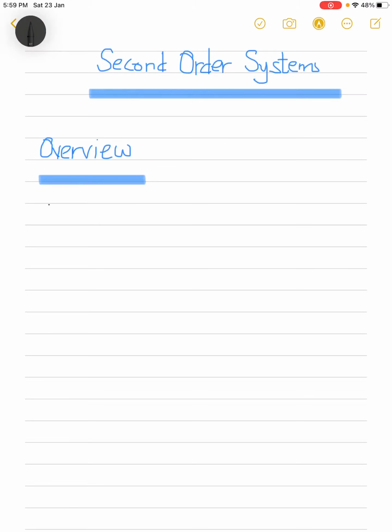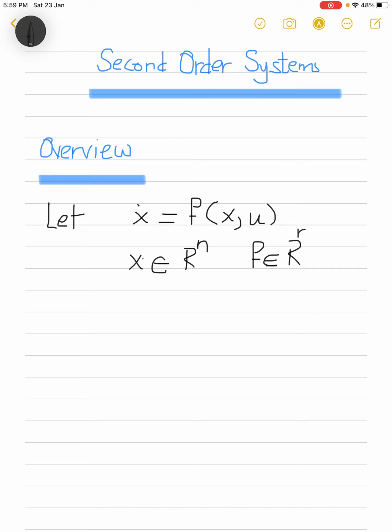So let us consider a system described by the usual differential equation of x and u, where x belongs to a space of dimension n, and so is f. It is a vector field that belongs to a space of dimension n, and we assume that u is a state feedback control function.